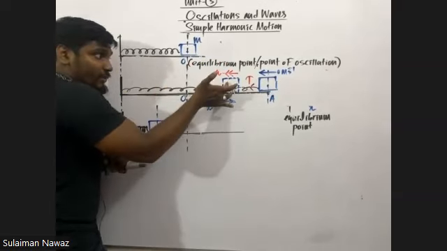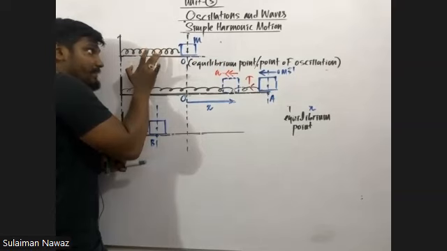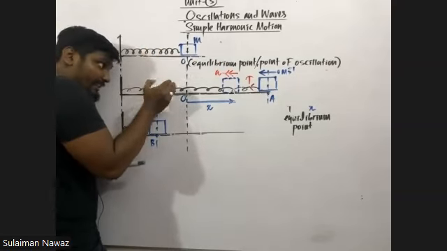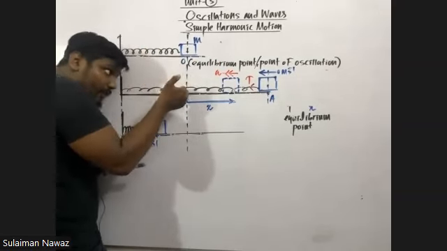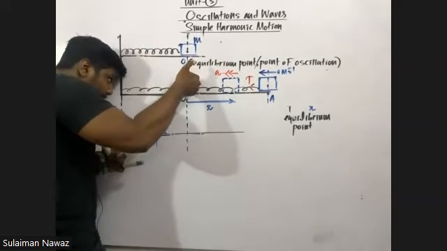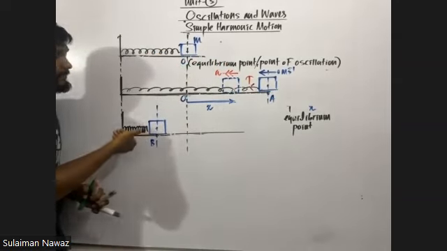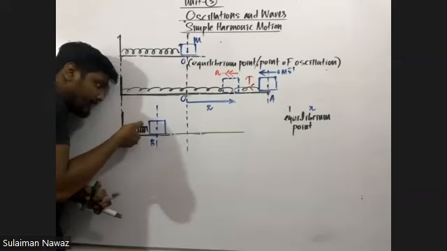Why? When this object is at the equilibrium point, again, the spring is at the natural length. So there is no tension force acting on the spring. As soon as your object passes the equilibrium point, your spring starts to compress.